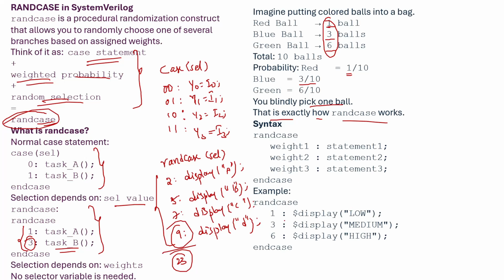Same way here: 1, 3, 6. Display high, display medium, display low. Three statements are there, and 6 has the highest probability, so I will get this one at the output side. Okay.